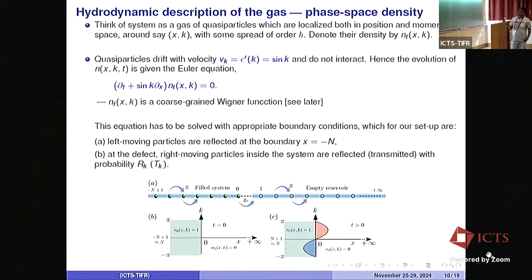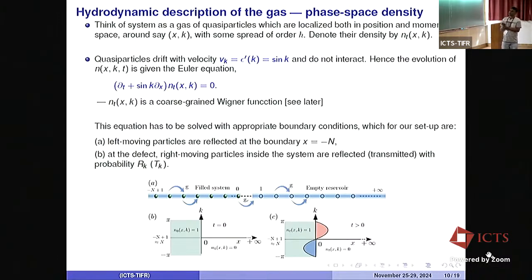The particles move with the phase space velocity, and they do not interact. Therefore, the phase space density just evolves according to a Liouville equation. And what we'll see is that this is in fact exactly a coarse-grained Wigner function.